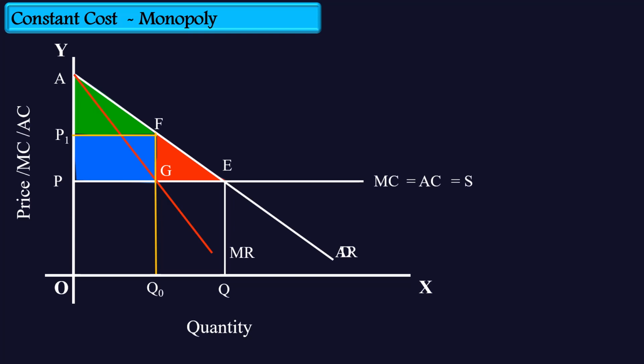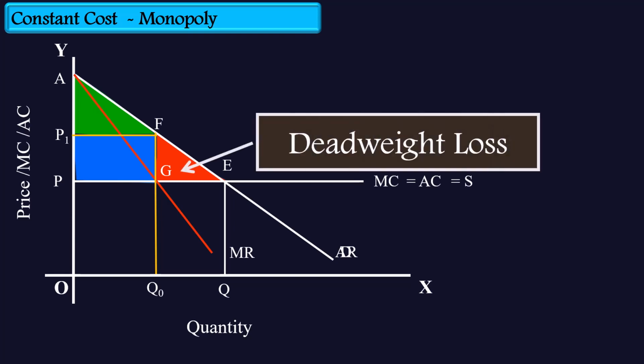This is welfare loss to the society, and this is deadweight loss. This loss arises because the market forces are not allowed to have their course freely. With the result, less is produced, resources are not fully used, full productive capacity is not used. Thus, inefficiency arises.